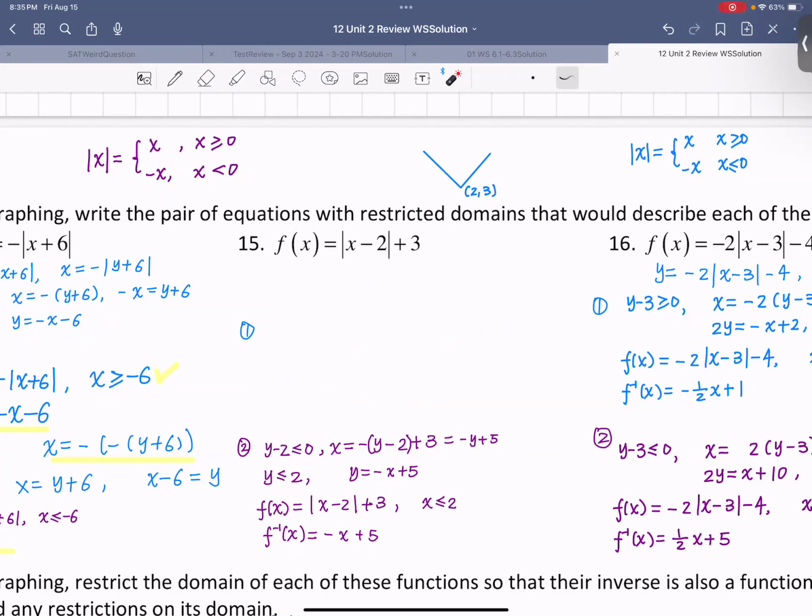So Samasa, okay, we solve the inverse function. So we copy down. Okay, so far so good. And then change y to x. Change x to y.